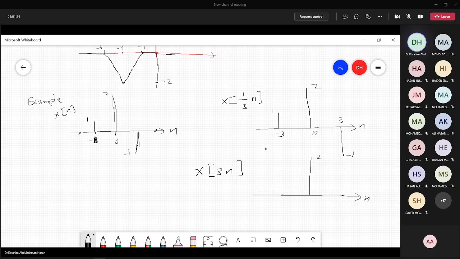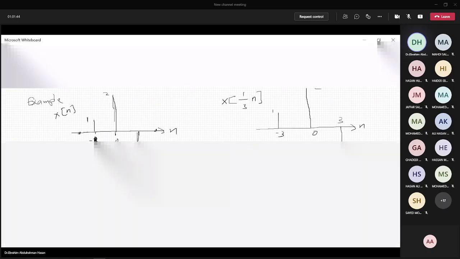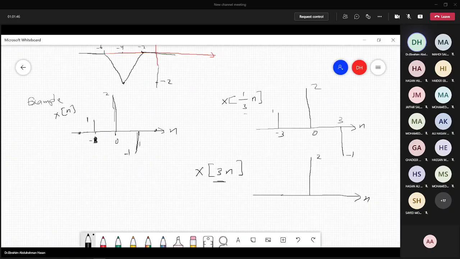Similarly for 1 over 3, again, it's not an integer. So the problem with discrete is that if you shrink, you could lose some data. Then when you recover it back, you will not get x of n. No problem with expansion here, but if you shrink it down, you are going to lose some data.